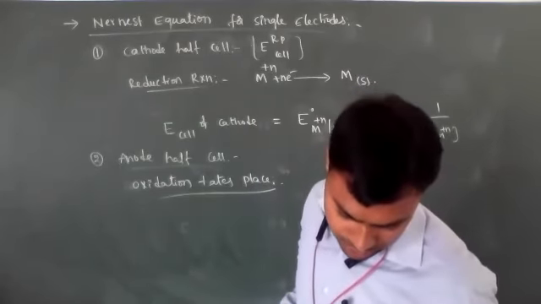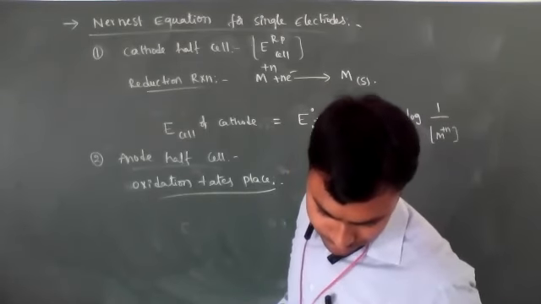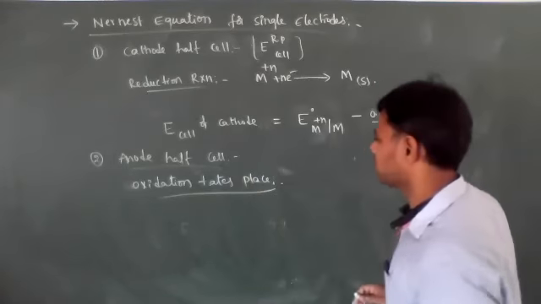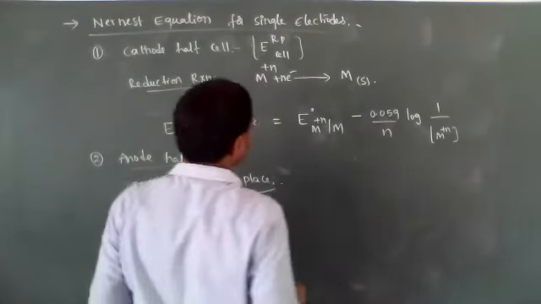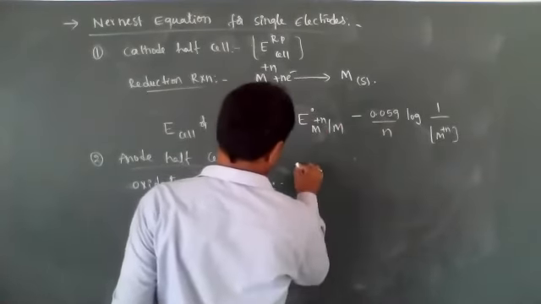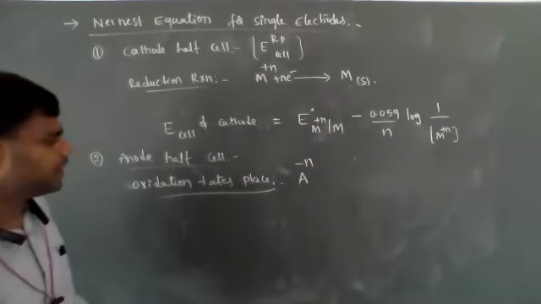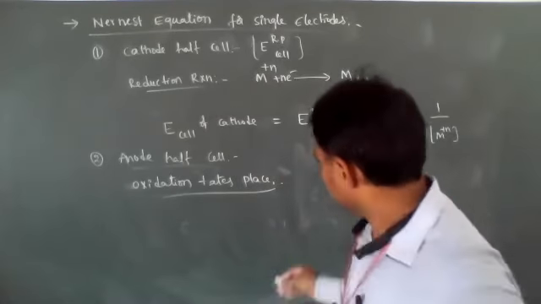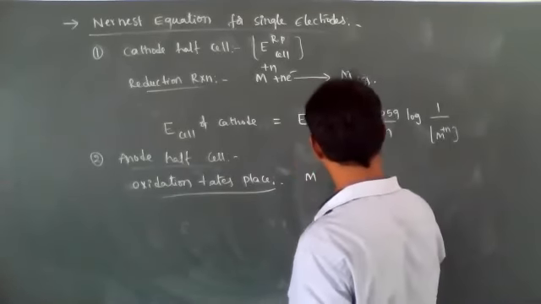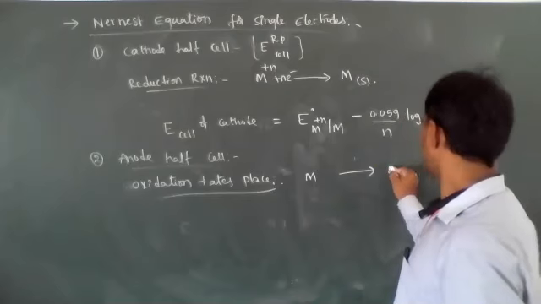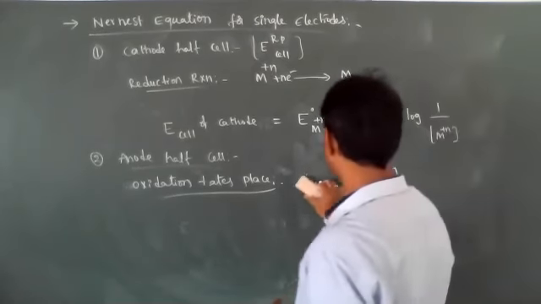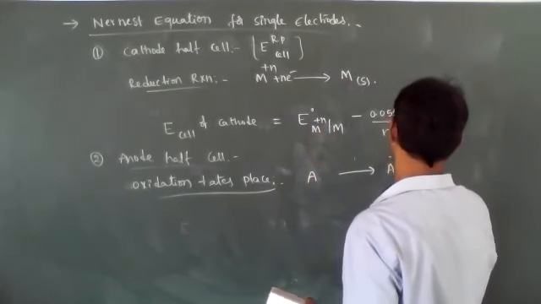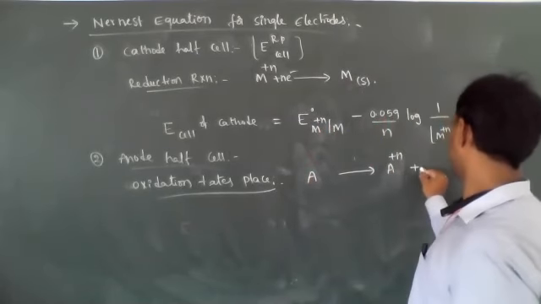Let's see, you have to take the reverse. M is converted into, or another symbol, A is converted into A n plus, with loss of n electrons.